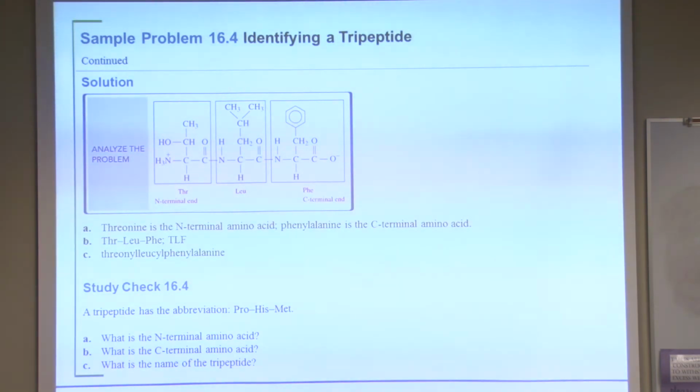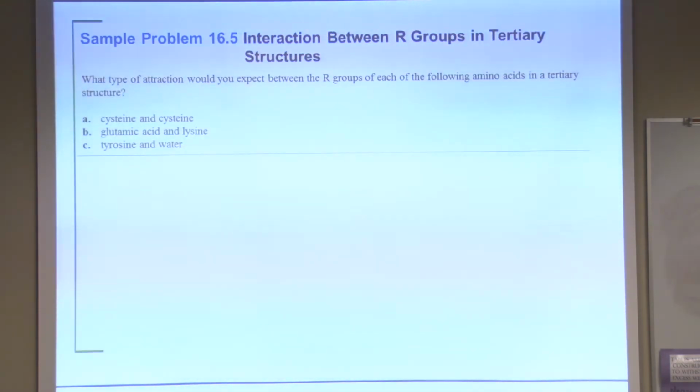HIS is histidine, histidyl. And what is MET? I'm looking for MET. MET is methionine. So we retain methionine, and then we give the 3-letter and the 1-letter abbreviation.